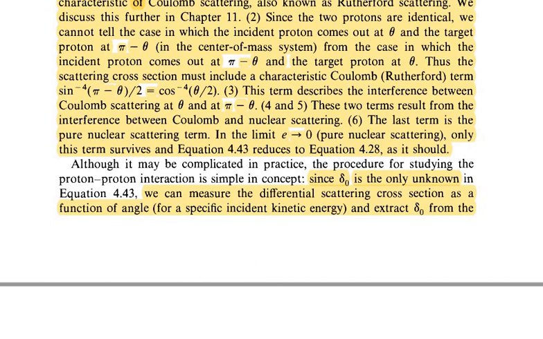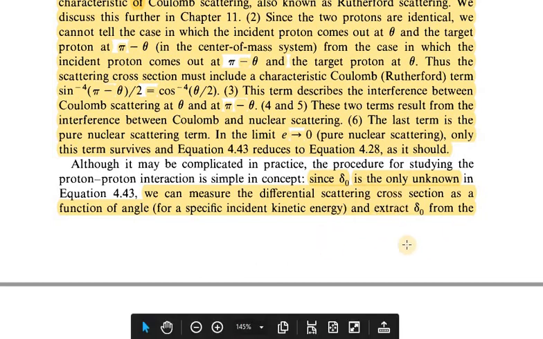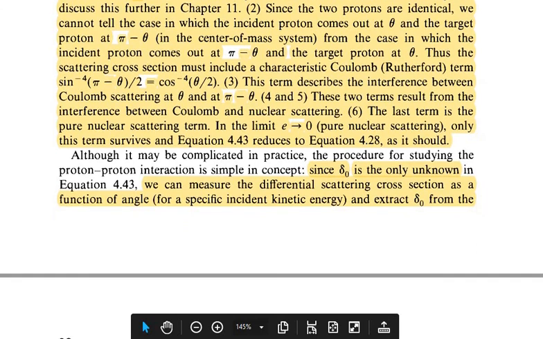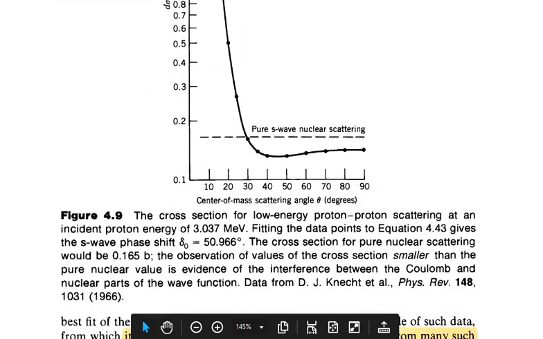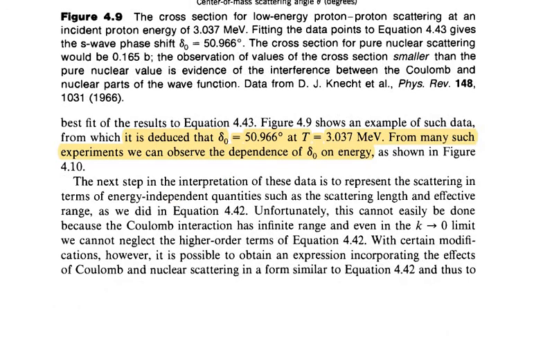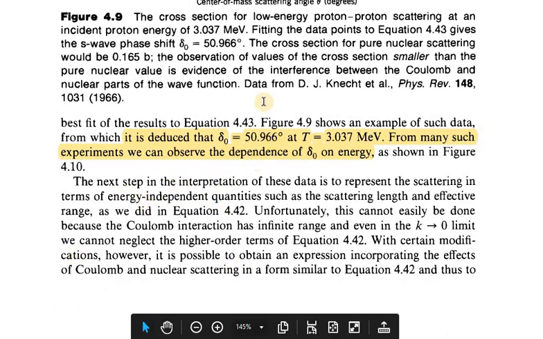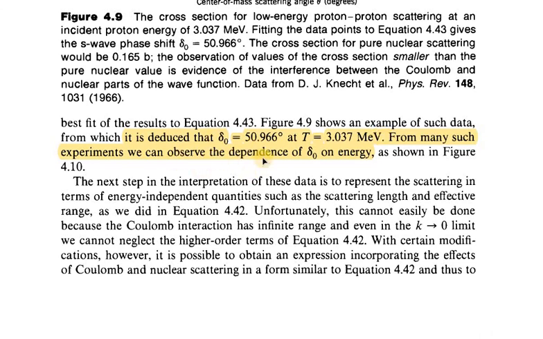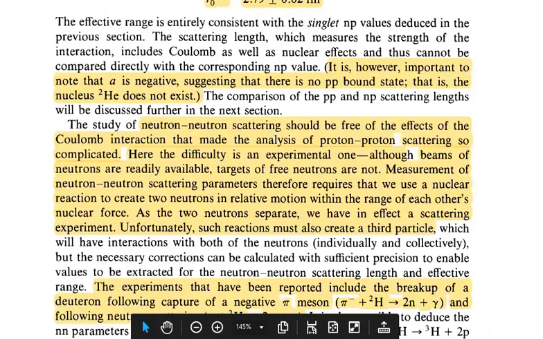We can measure the differential scattering cross section as a function of angle and extract delta 0 from the best fit of the result to the equation, and it is deduced that delta 0 equals 50.966 degrees at T equal to 3.037 MeV. From many such experiments, we can observe the dependence of delta 0 on energy.